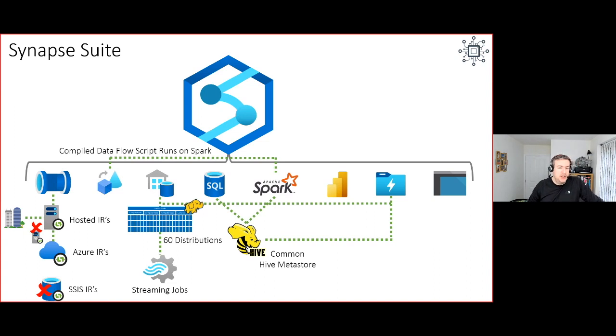What it does mean, though, is that with that common metastore, we can now create a pattern that we've not had available. And that is, if we want to read our Parquet files and do something with them in Power BI, we can use that Spark compute. We can bring in that Parquet file. We can create it as a table. That table gets surfaced via that SQL on demand serverless compute.